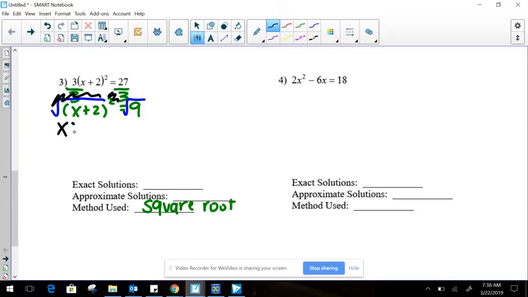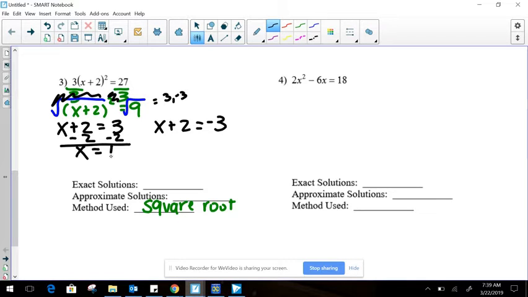I'm just left with x plus 2. I write that twice. All right, the square root of 9 here is positive 3 and negative 3. So positive 3 goes here, negative 3 goes here, and I'm going to solve both of these two equations. So x is equal to 1 and x is equal to negative 5. All right, so my exact solutions are 1 and negative 5.